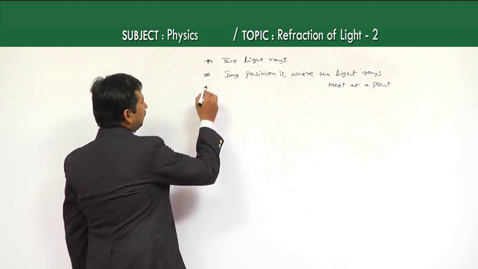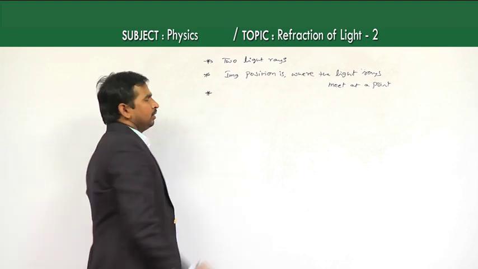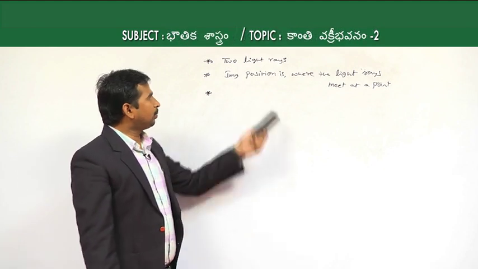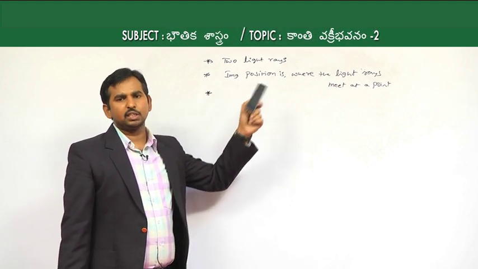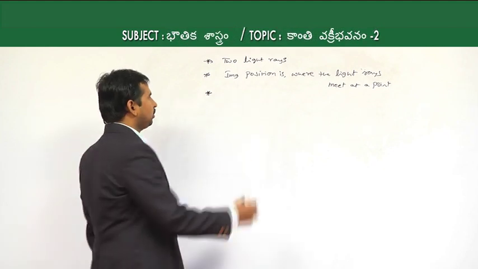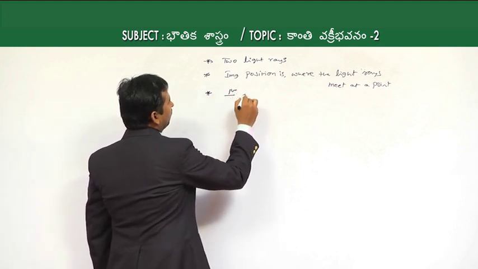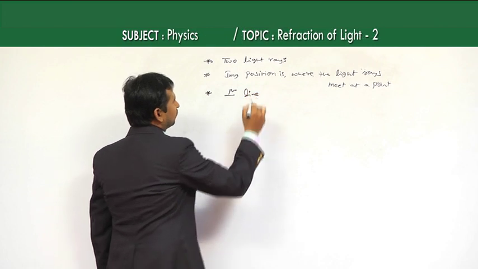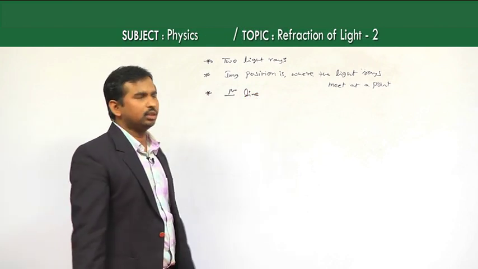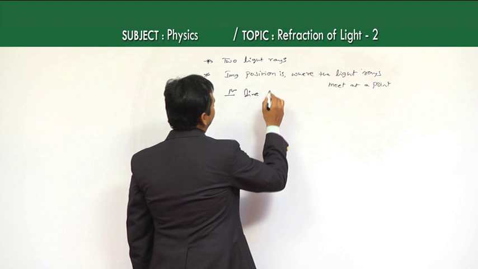Okay. Next one. After getting that point where the image is formed, the image position, now what we have to take is a perpendicular line. Take a perpendicular line from the image position to the principal axis.